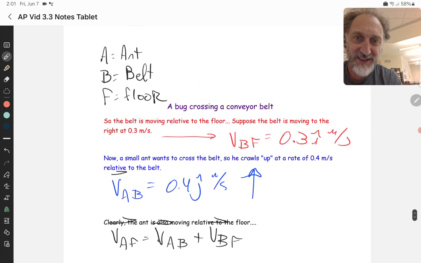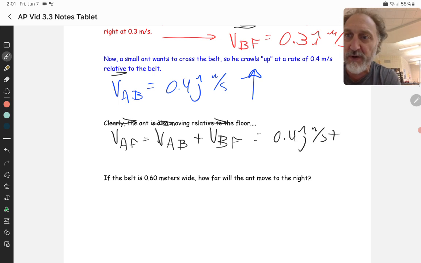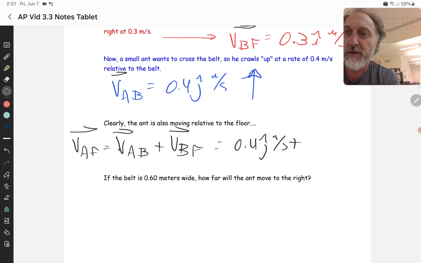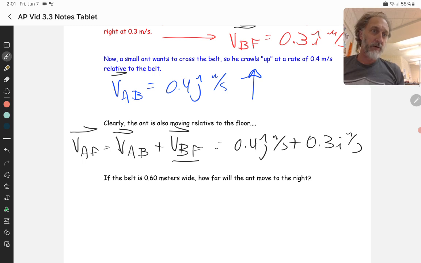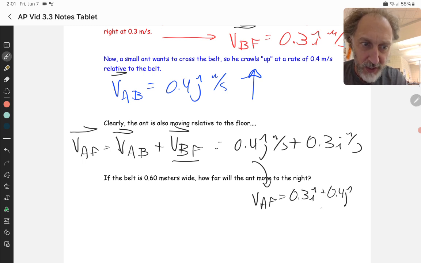So the velocity of the ant relative to the belt is 0.4 j meters a second, plus the velocity of the belt relative to the floor, which is 0.3 i meters a second. That's it, we're done. The velocity of the ant relative to the floor is 0.3 i plus 0.4 j meters a second.